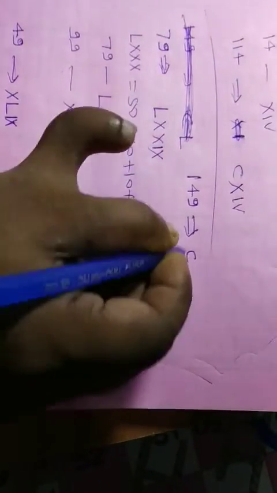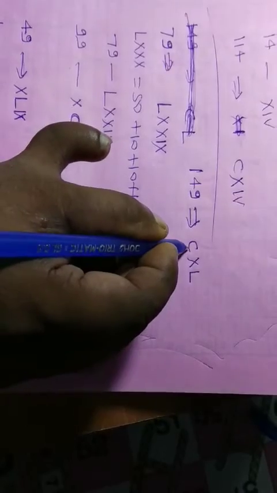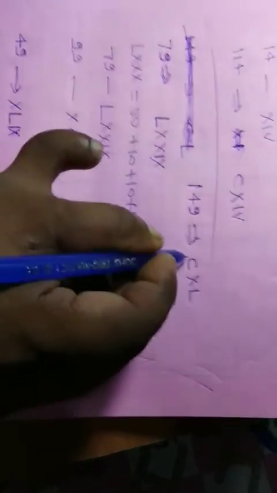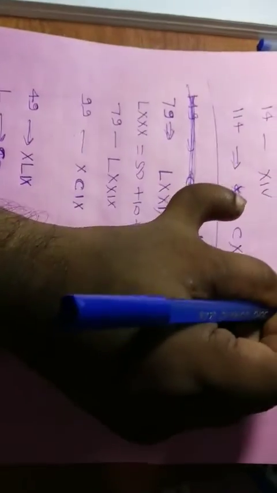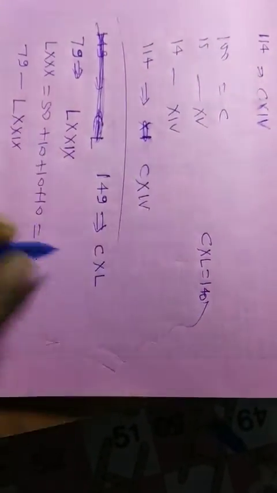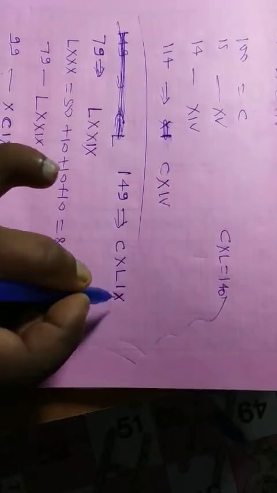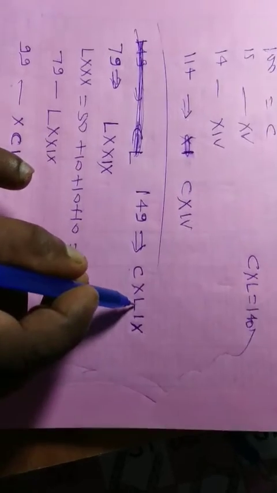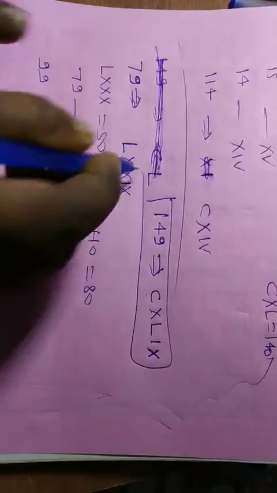So C, X, L. C stands for 100. CXL stands for 140. CXL means 140 and IX, 149. CXLIX is 149, students.